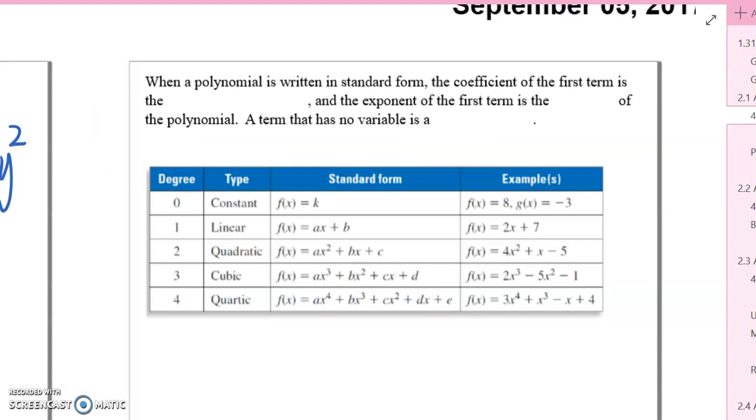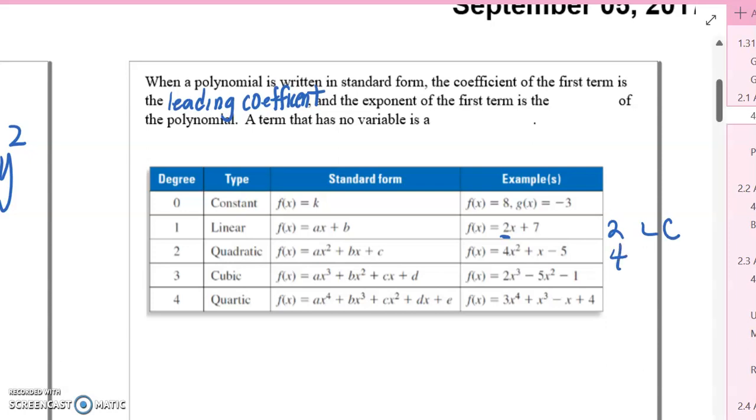So this is a polynomial when it's written in standard form. The coefficient of the first term is called the leading coefficient. If we go to the example here, if it's in standard form, 2 is the leading coefficient.